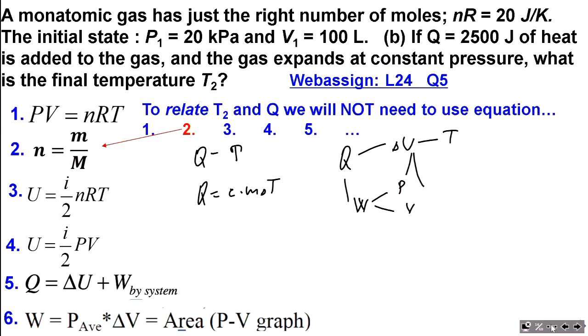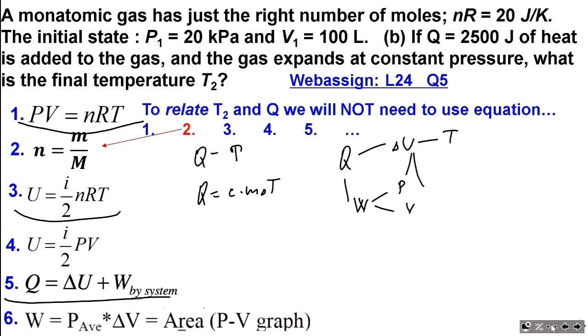So we have to try to use first the first law of thermodynamics. That's the only other equation with Q, with heat. And then we would probably have to try using these two equations because they relate to temperature. So that's an idea.